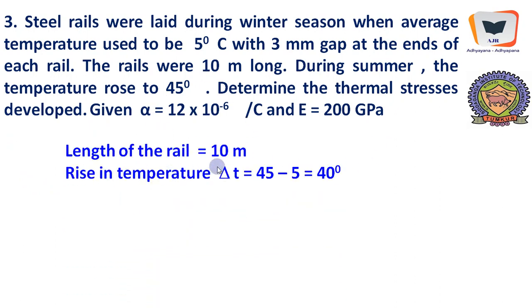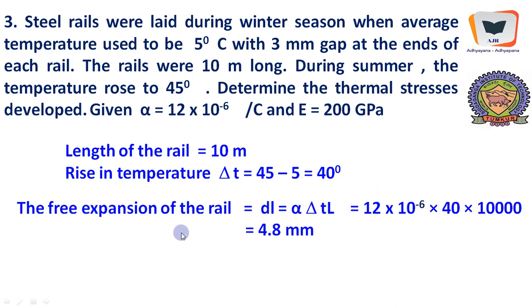Now, length of the rail equals 10 meter. Rise in temperature is 45 minus 5, 40 degrees. Therefore, the free expansion of the rail is dl equal to alpha delta T into L, and we have derived this: 12 into 10 to the power of minus 6 into 40 into 10,000, so 10 meter is converted into millimeter. That will give us 4.8 millimeter.